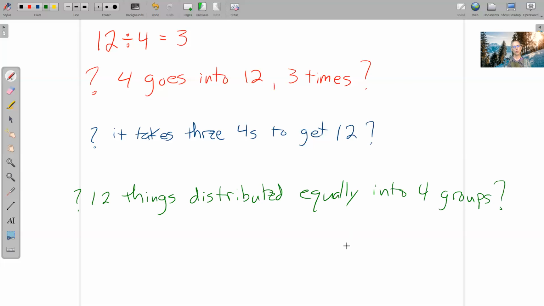Okay, so 4 goes into 12. What do we mean by goes into? So I have 12 things. Let's make 12 things: 1, 2, 3, 4, 5, 6, 7, 8, 9, 10, 11, 12. Maybe they're cherries. And 4 goes into 12. Anybody want to help me out on what goes into tells me to do here?